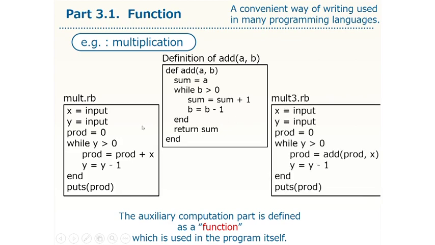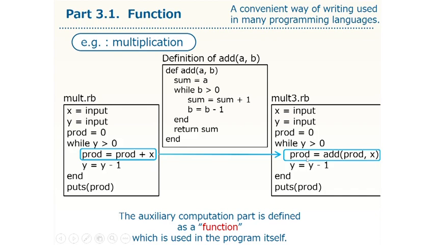This program can be rewritten using this function. Specifically speaking, this blue area where we were just doing addition can be rewritten in one line like this. This statement orders the computer to compute prod plus x using the function add and store it to prod.